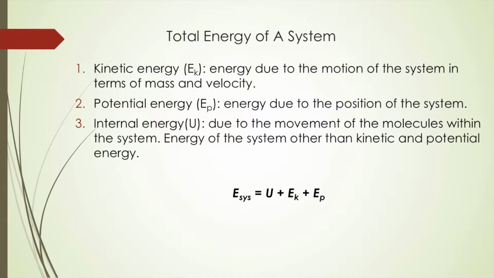Internal energy is due to the movement of the molecules within the system. In other words, it's the energy of the system other than kinetic energy and potential energy. Putting them all together, we have this equation where the total energy within the system is equal to internal energy plus kinetic energy plus potential energy.